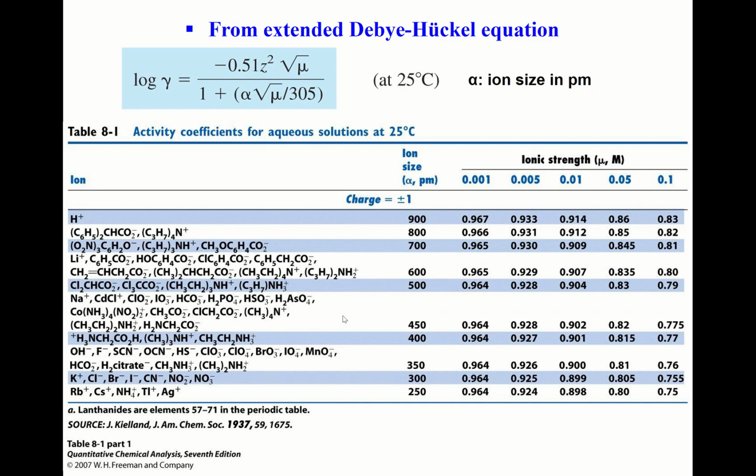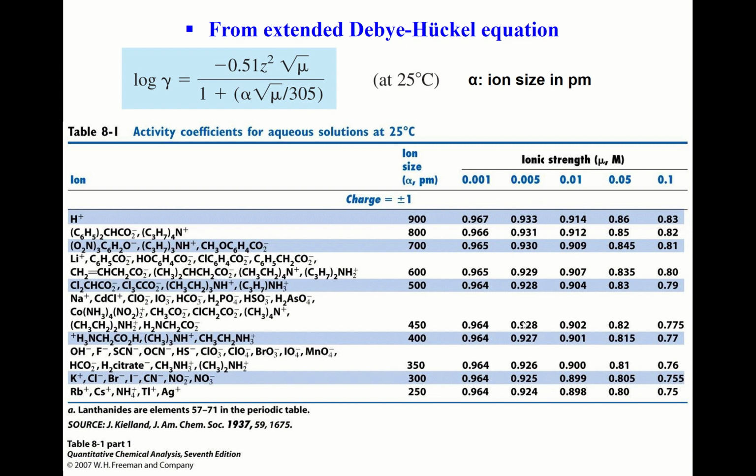Here you see the smaller ion, and the dependence of activity coefficient on ionic strength. It decreases. But as ion size decreases, the decrease of the activity coefficient is more rapid.